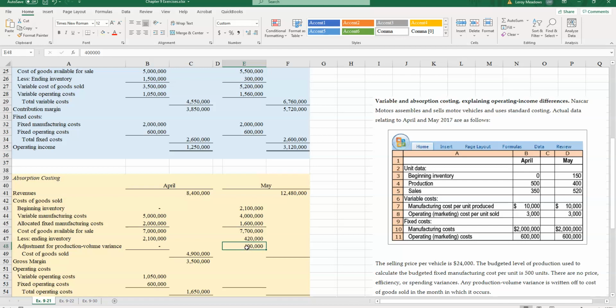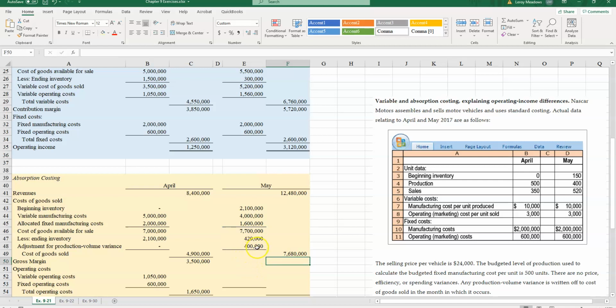So when I have an unfavorable variance, I am going to add that to my cost of goods sold. I take my cost of goods available for sale minus my ending inventory, then add back in my production volume variance.